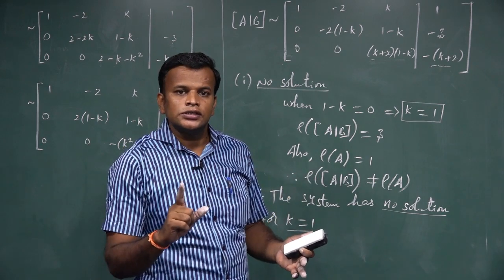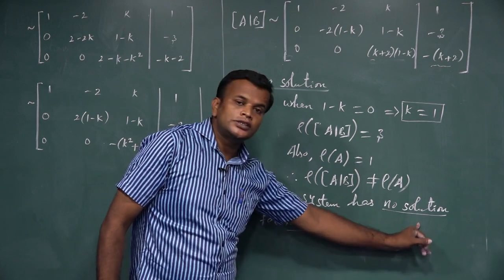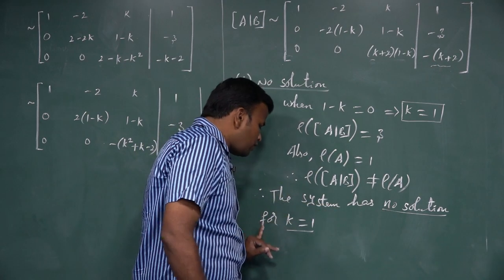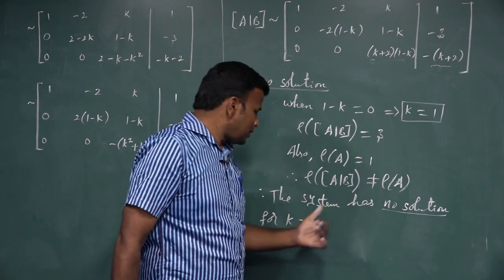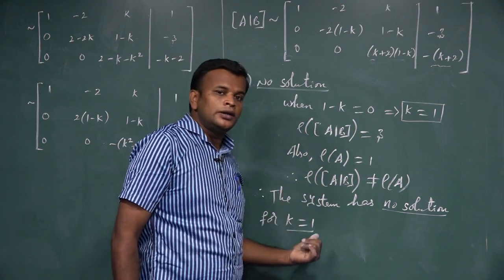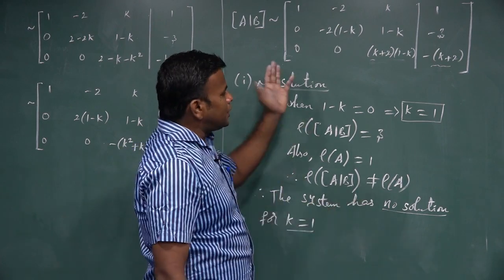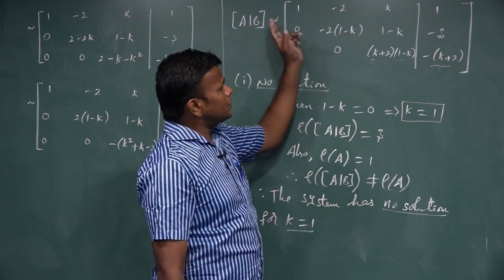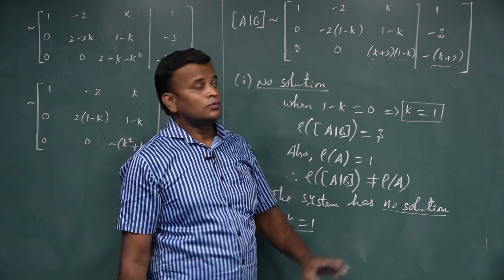The first case is no solution. Therefore, the given system has no solution when k is equal to 1. Whenever k is there, we replace it by 1. I tell again: whenever k is there, we replace k by 1 in this matrix.